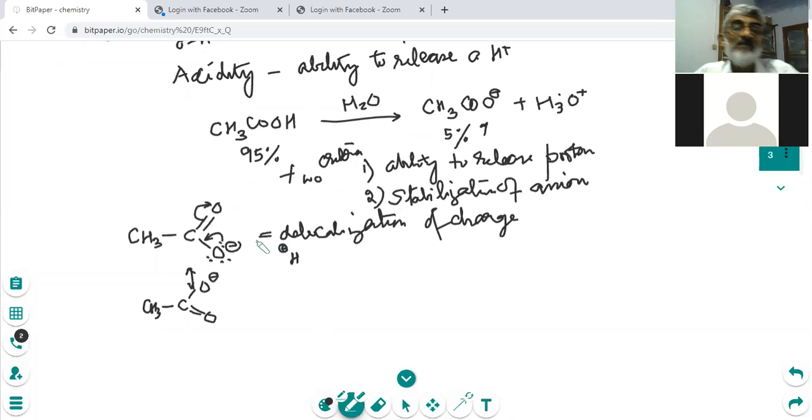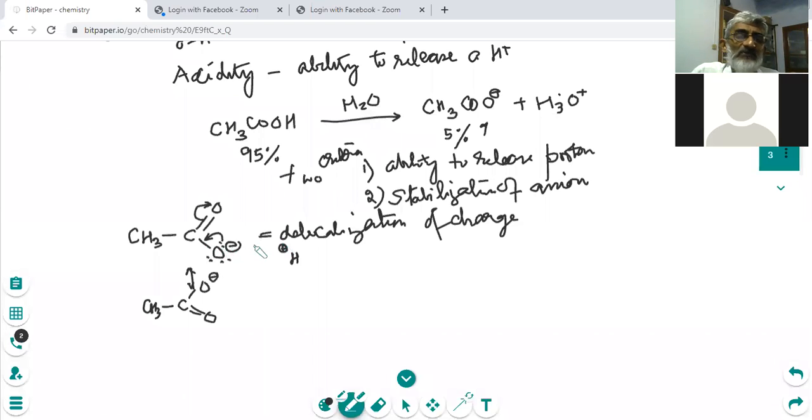But the moment it reaches here, probably this double bond, the electrons flow away from this oxygen towards the other oxygen. So it reaches here. Then this H plus will go to this oxygen to get combined, but by the time the negative charge has reached back.